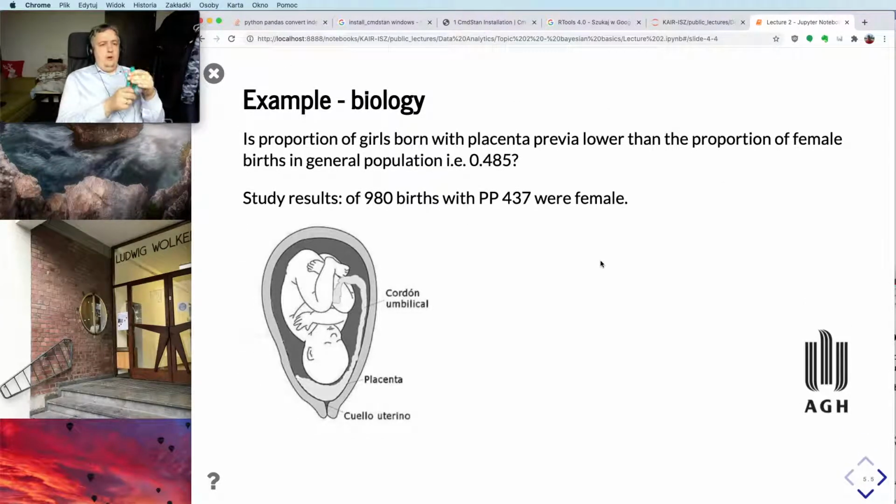And let's look at the question of prior influence with an example from biology. There is a phenomenon in biology called placenta previa, which in Polish is called łożysko przodujące.